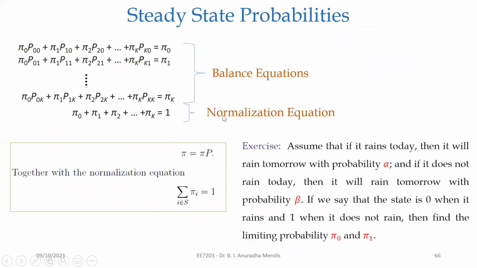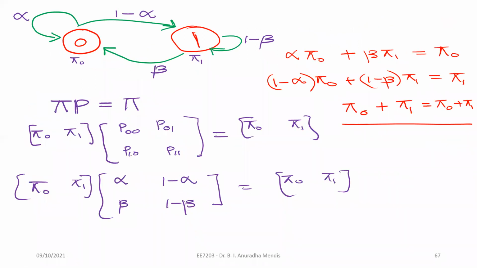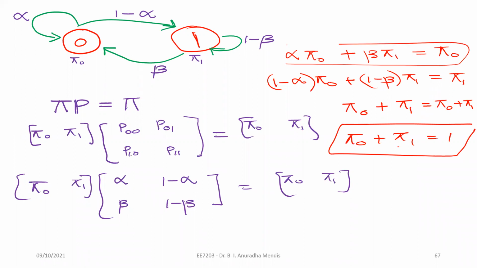So the normalization equation you can understand very clearly. The sum of all the states should be equal to 1. So then you have to use that equation. That means phi naught plus phi 1 equals 1. This is normalization. You can use this equation to substitute something here and then come up with the solution. Now it is possible to solve the Markov chain.